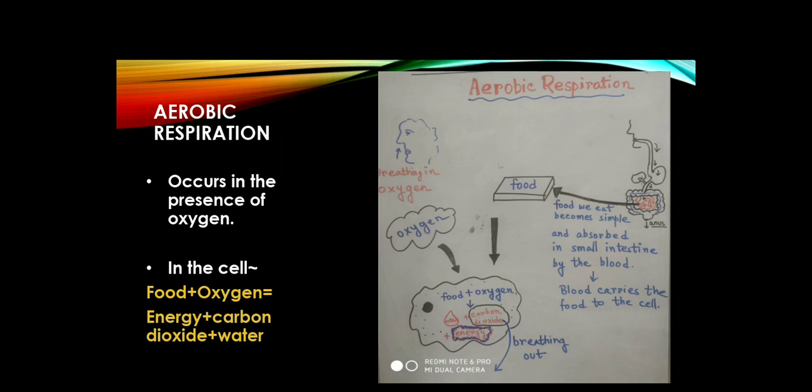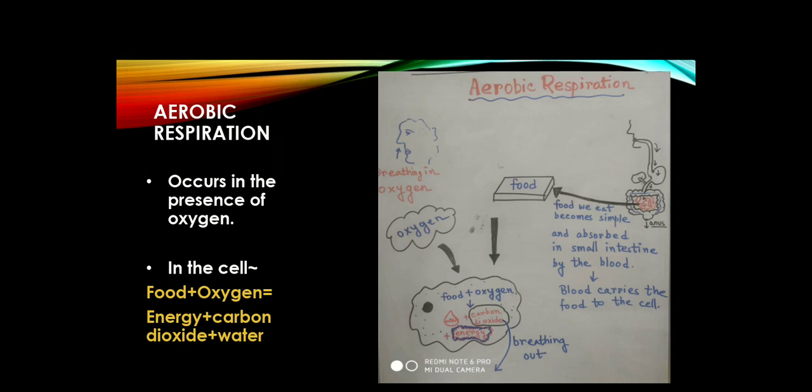Now what will happen? Food plus oxygen. There will be energy, and carbon dioxide will also be produced. That carbon dioxide will come out from our nose. It means we will breathe out carbon dioxide.